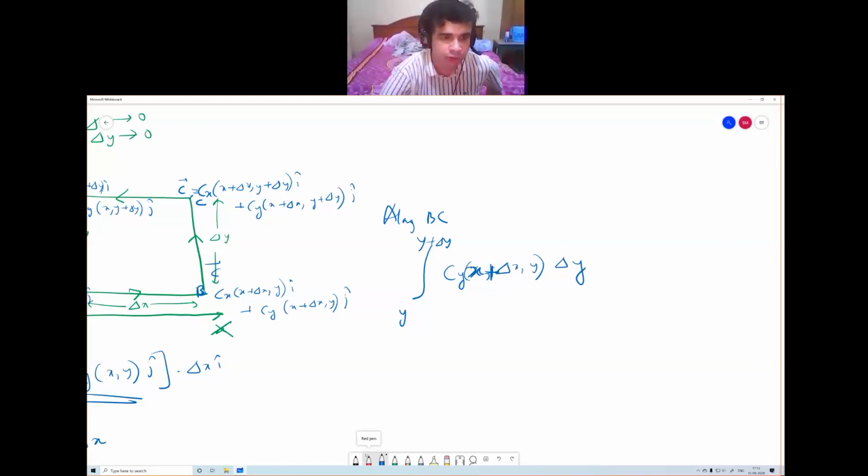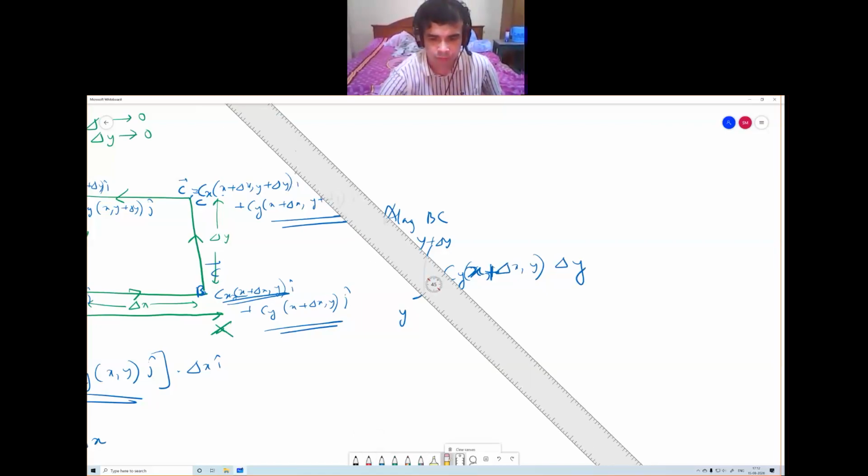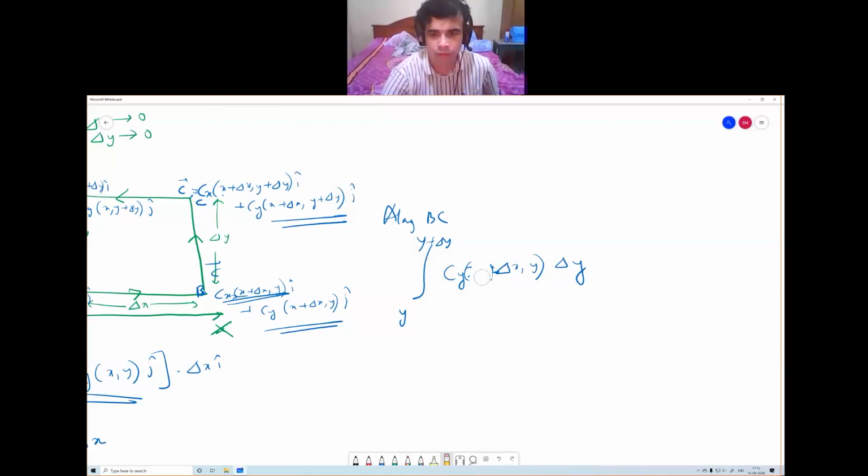See, this value is not changed. We assume that it doesn't change too much along y. Is it okay along here? So this integral would be, let us write more clearly, Cy(x+delta x,y) delta y. Okay, fine.